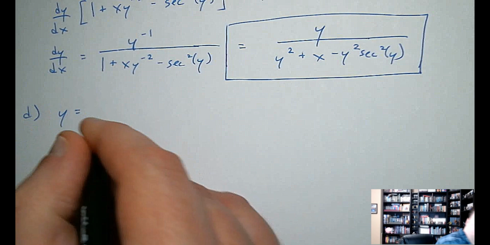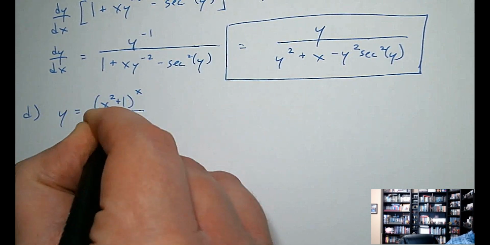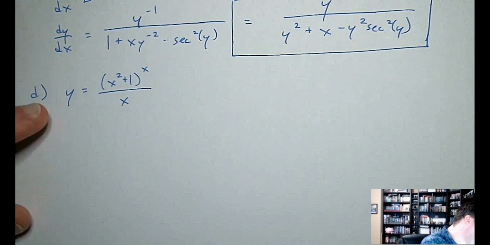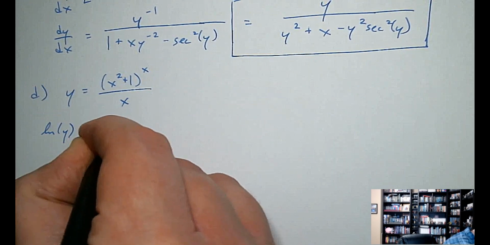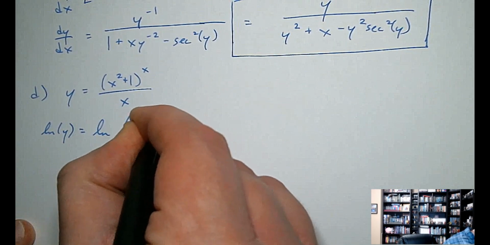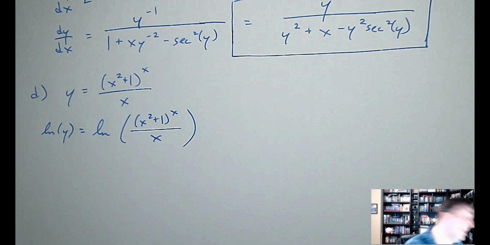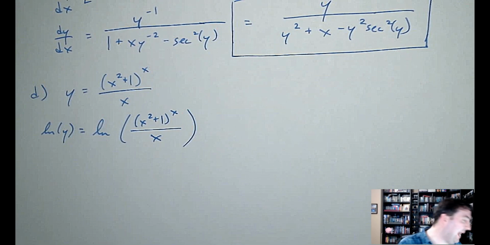So we've got y equals (x squared plus 1) all to the x, divided by x. And so under logarithmic differentiation, we'll start by taking logs of both sides. And remember, the whole point here is to now be able to simplify that right-hand side using the properties of logarithms, and we want to simplify it as much as we can.